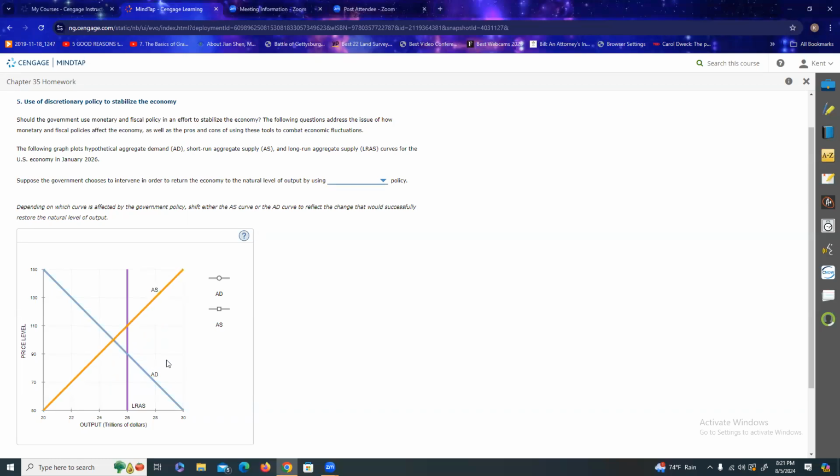The government doesn't have really any direct impact on short-run aggregate supply, so that's out of their hands, at least directly. They could use credible policies to help that along if people will trust those policies and trust what they're saying. That's also an issue. So really, they're after aggregate demand. So that's going to be that shift right there.